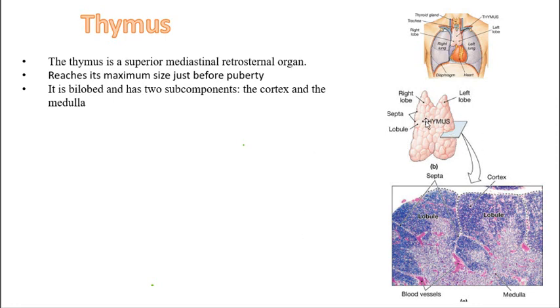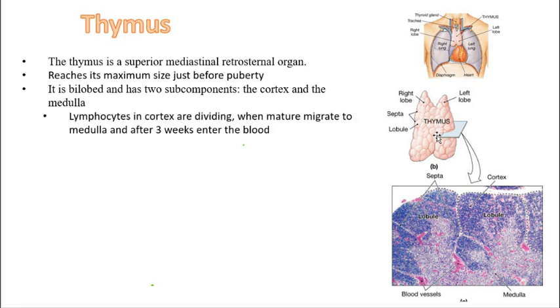It's a lobed organ, and each lobe consists of cortex and medulla. The lymphocytes in the cortex are divided, and when they're mature, they migrate to the medulla, and after about 3 weeks, they leave the thymus and enter the circulation.